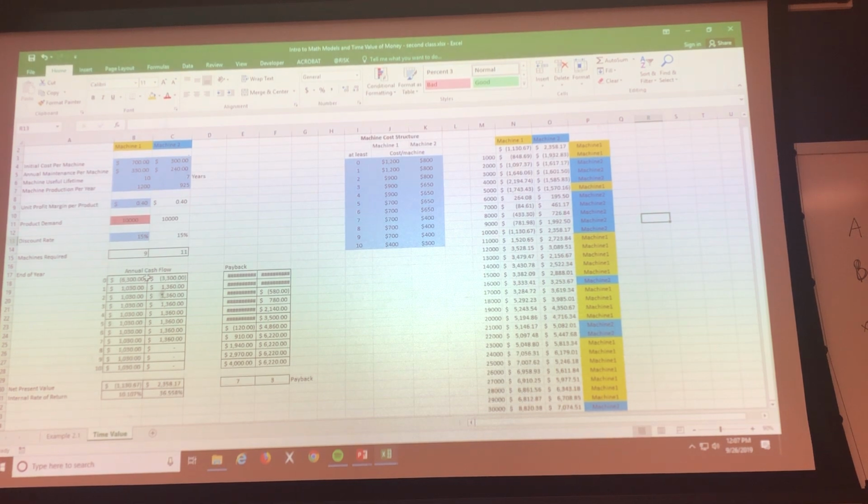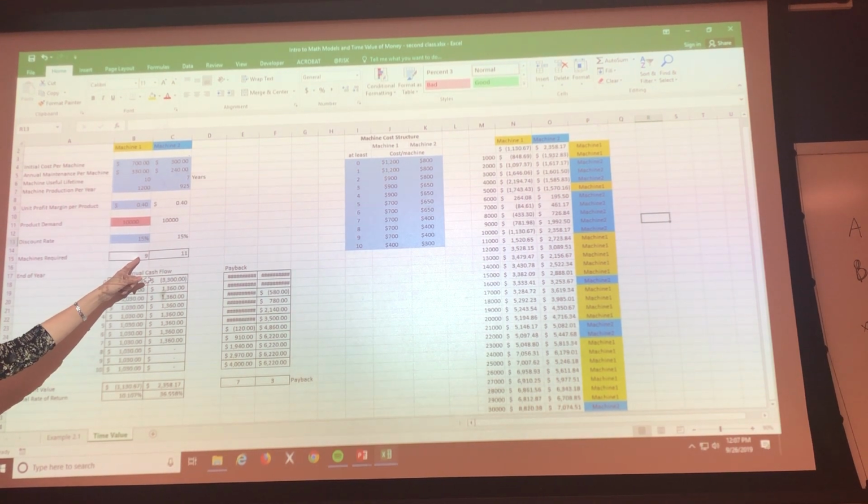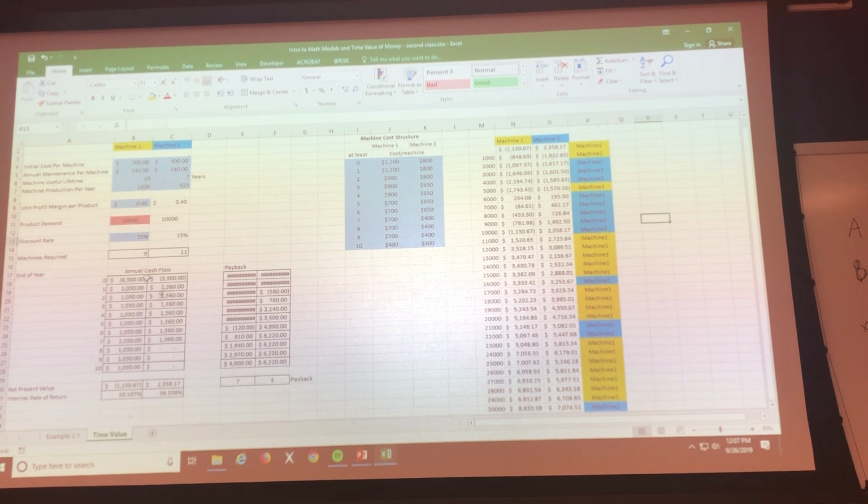Our demand dictated how many machines we needed, right? Because we took demand and divided it by the capacity of that machine, and that told us how many machines we needed. But we didn't just say we needed 8.333 machines. We said we needed 9 machines. We rounded up, because we were going to meet our demand.